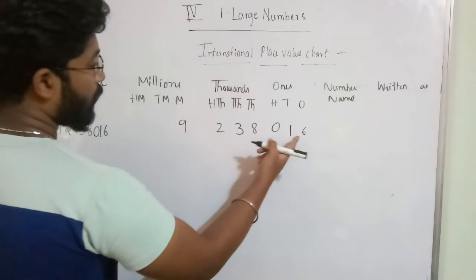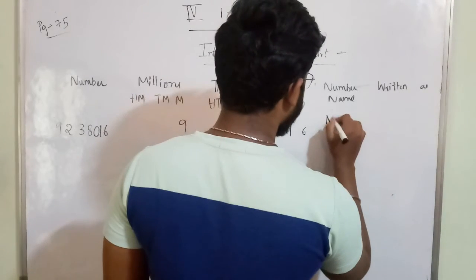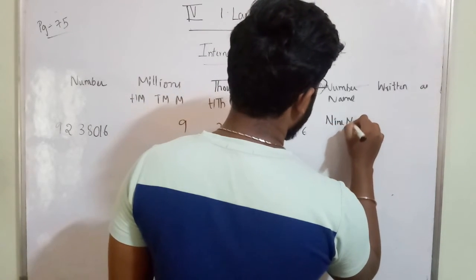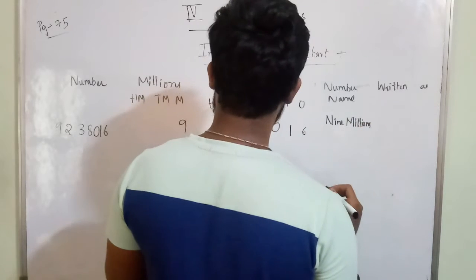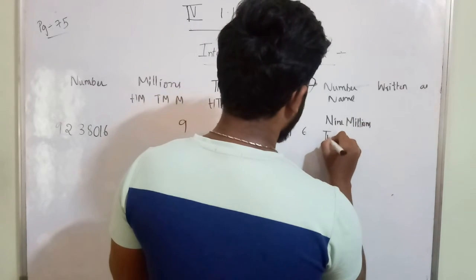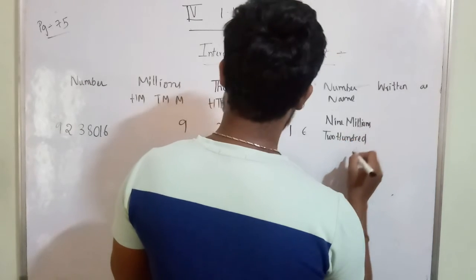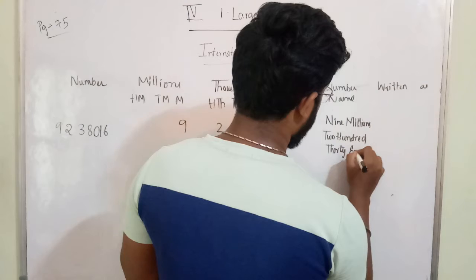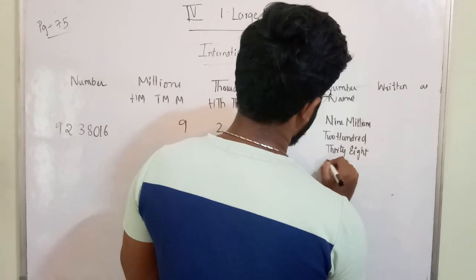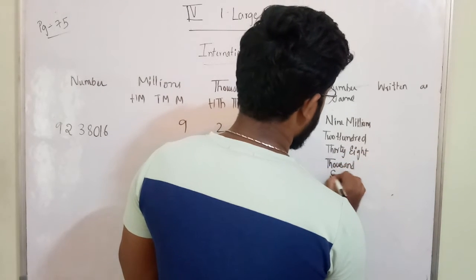9238016, okay. So what is the number name? 9 millions, 238,000, 16.